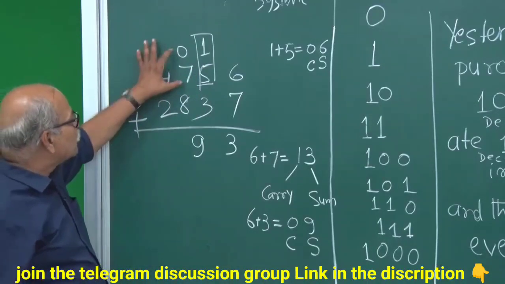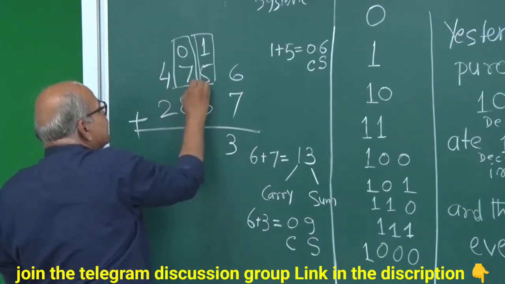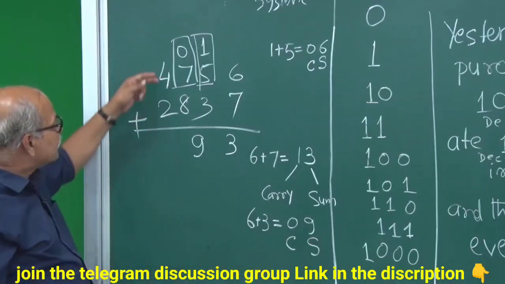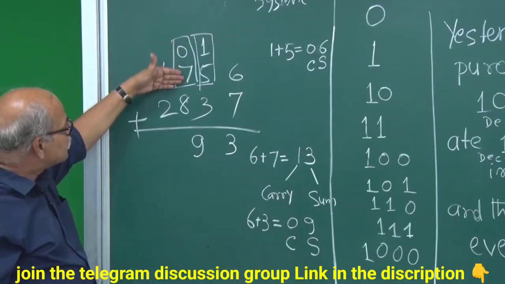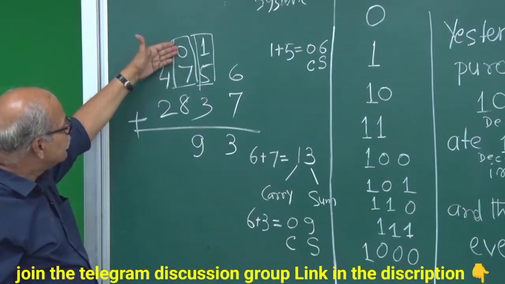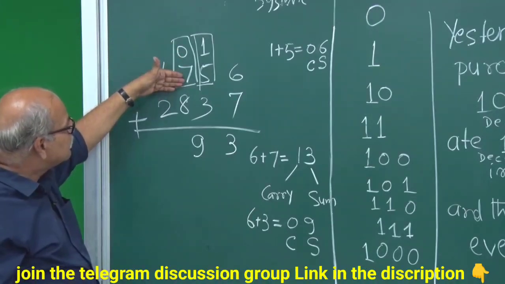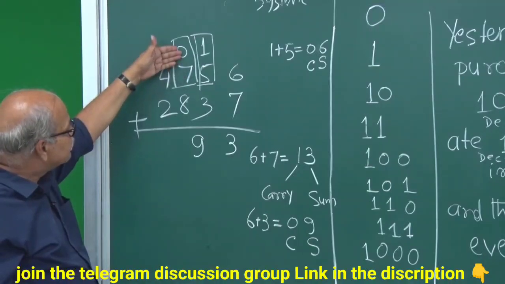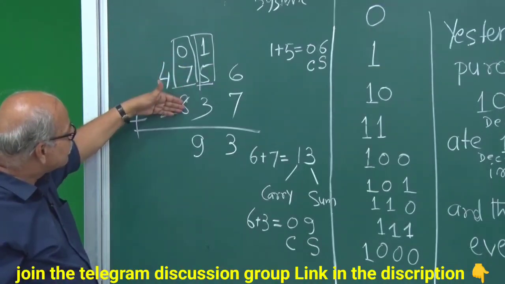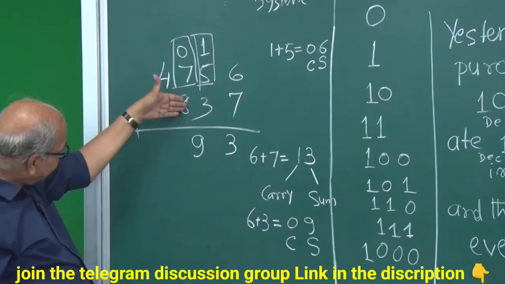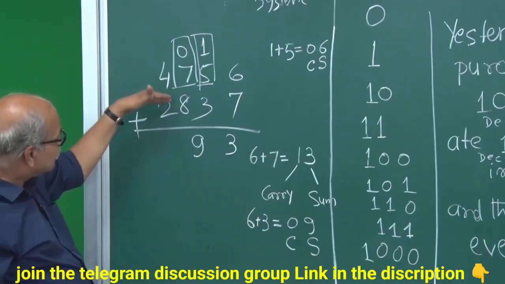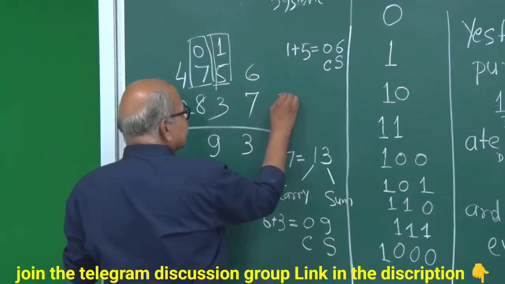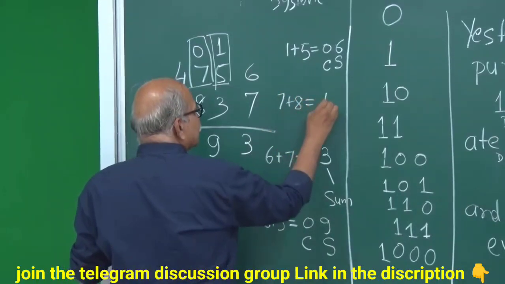Once again 0 plus 7. So, you can see at every step I need to know what is that one digit number plus one digit number, and that again gives me 0, 7. So, the sum is 7 and the carry is 0. So, that sum is to be added here, the carry is to be added next to this number which is not here. So, that is it, and therefore, the 7 plus 8, and that 7 plus 8 is 1, 5.